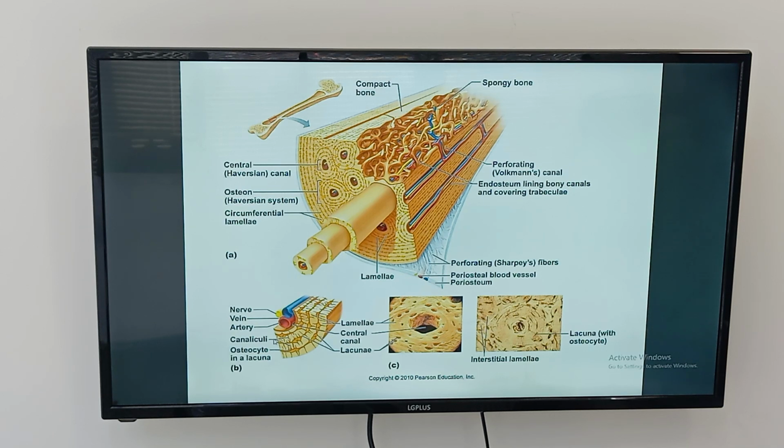You can see here the canaliculi and the osteocytes in a lacuna. The canaliculi are miniature channels that the veins go through.